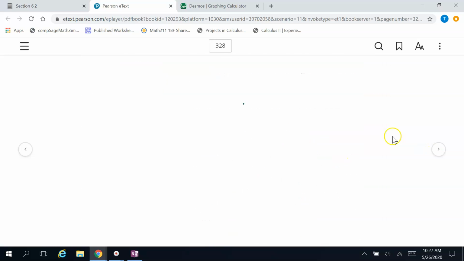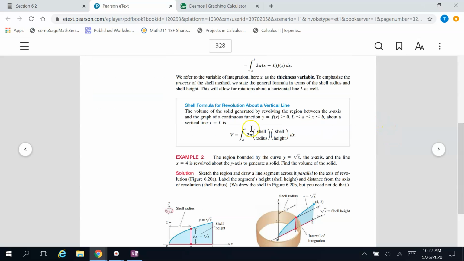They take a couple of pages to do what I did in about 3 lines. So this is the shell method, or cylindrical method, for finding the volume of a solid of revolution: the integral from a to b of 2 pi times the radius of the shell times the height of the shell dx. These are both usually functions of x, so we have to find them separately.